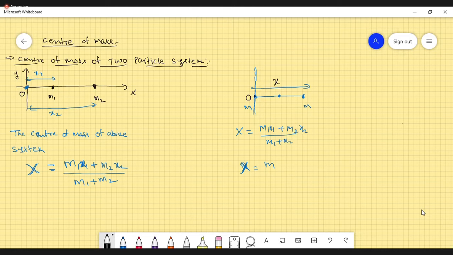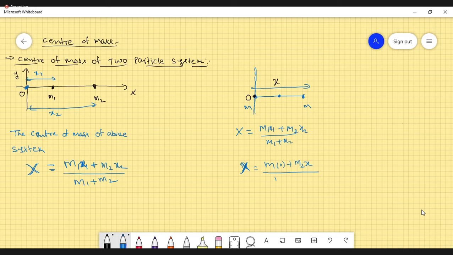Getting my point? x1 will be 0 because m1 is located at the origin itself. So x1 is 0 plus m2 into x2, x2 equals how much? x2 equals x, divided by m1 plus m2.